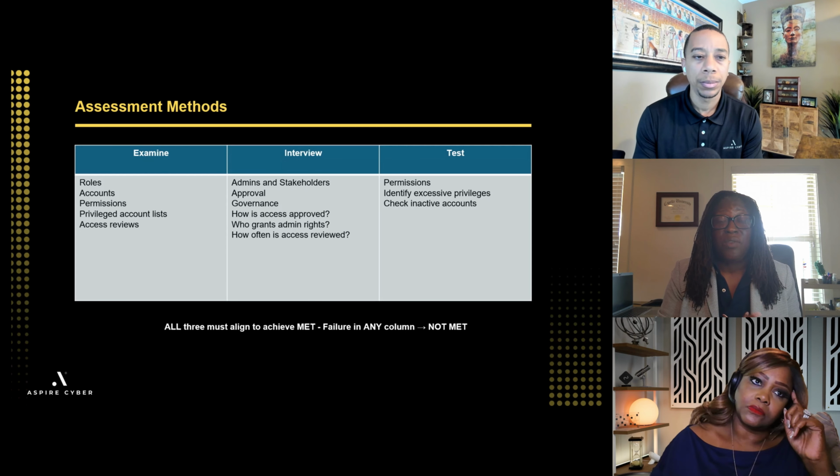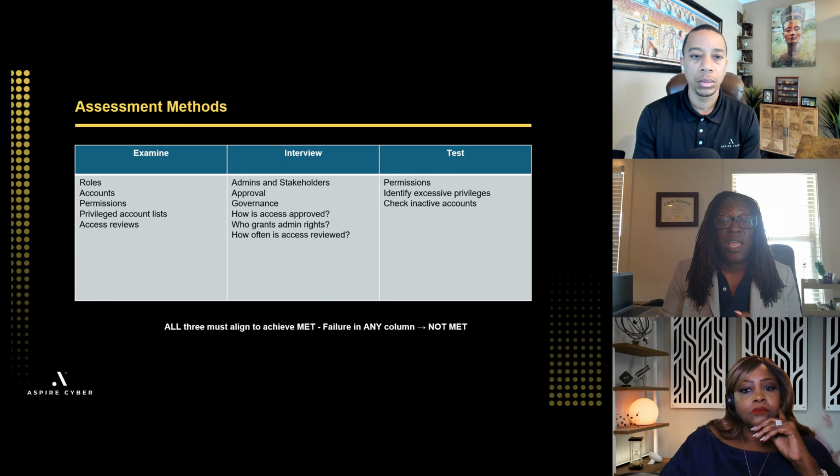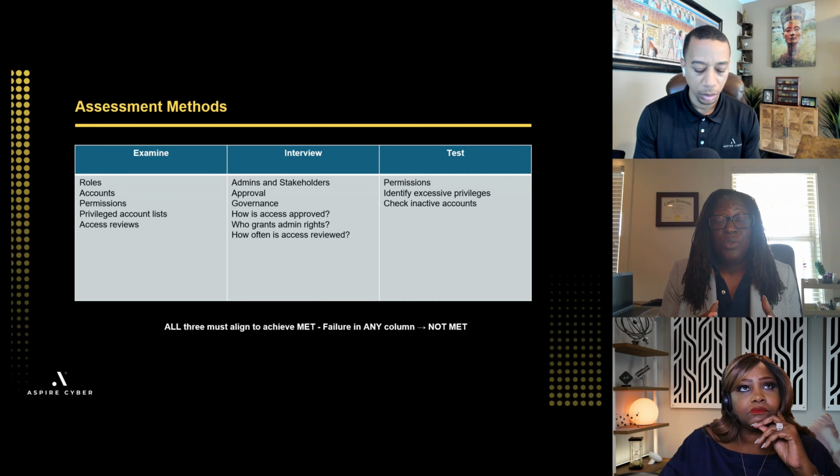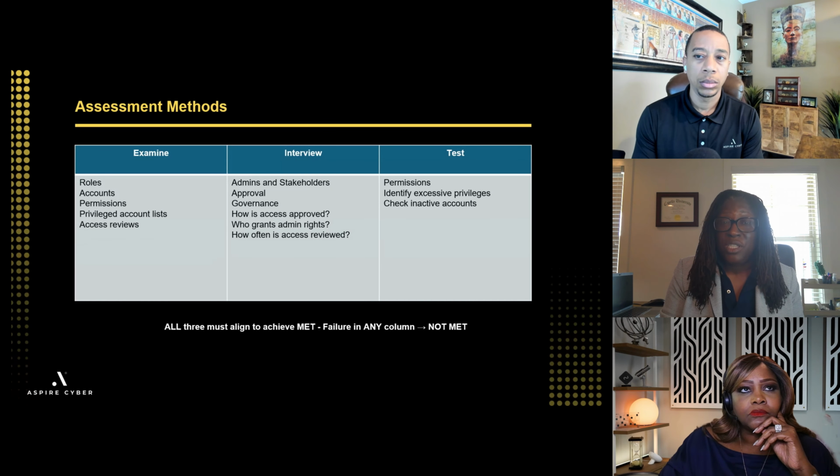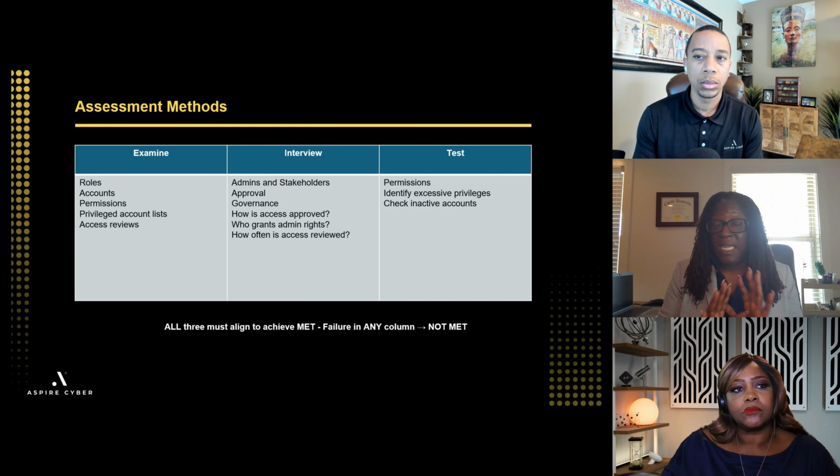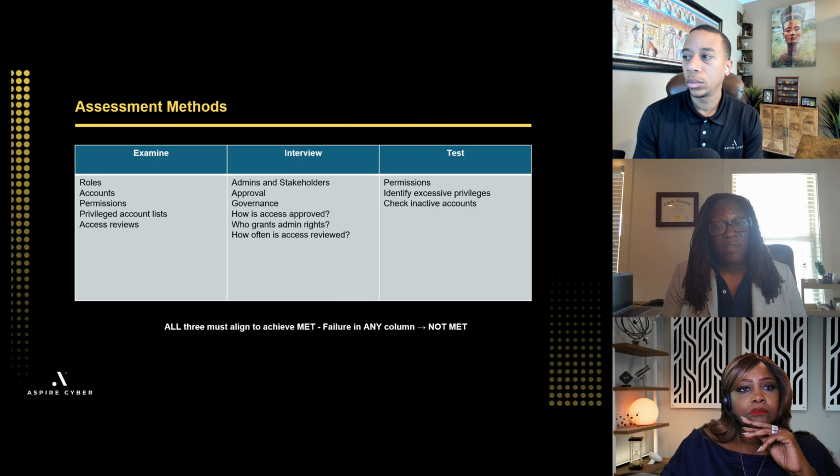Okay, key difference: we test functionality, we interview to gain a clearer understanding, and we examine configuration and setup. All of those together should give us a very clear picture if those align to achieve met or not met. If that OSC is failing in any of those columns, then we have to give a not met.